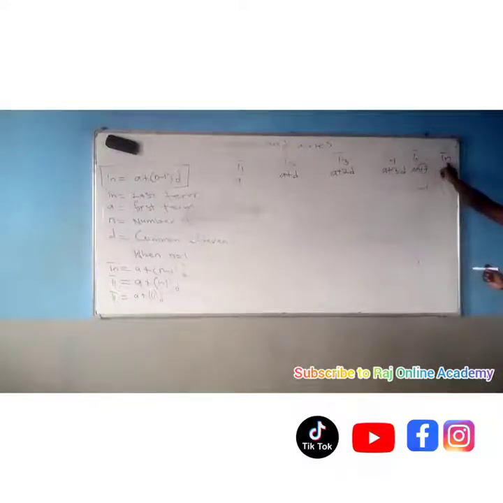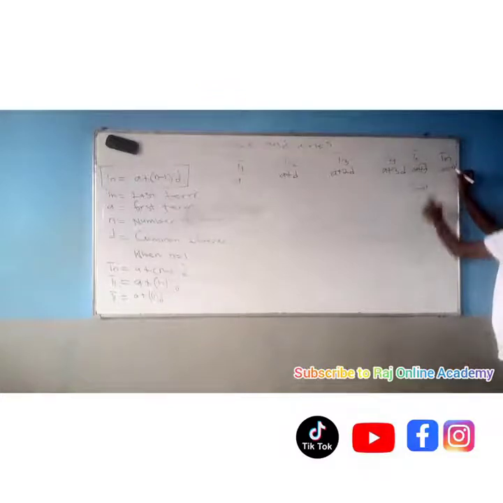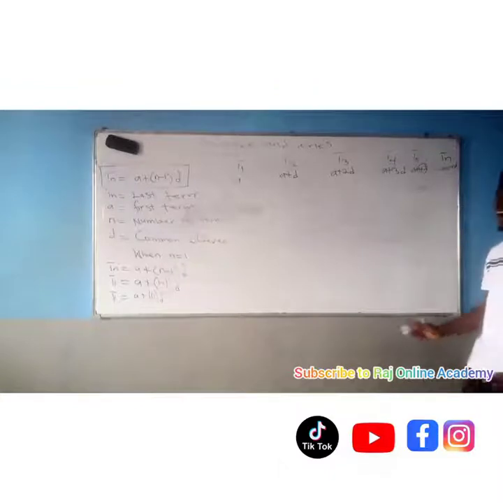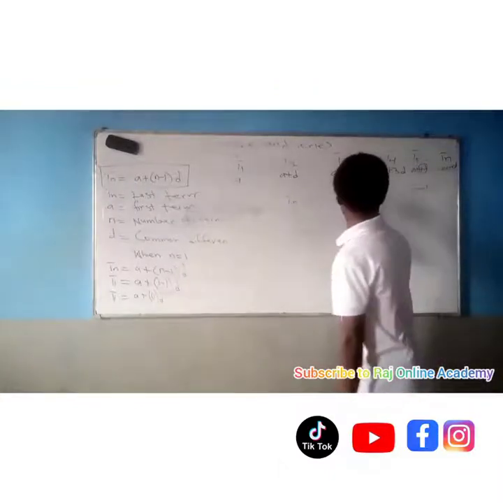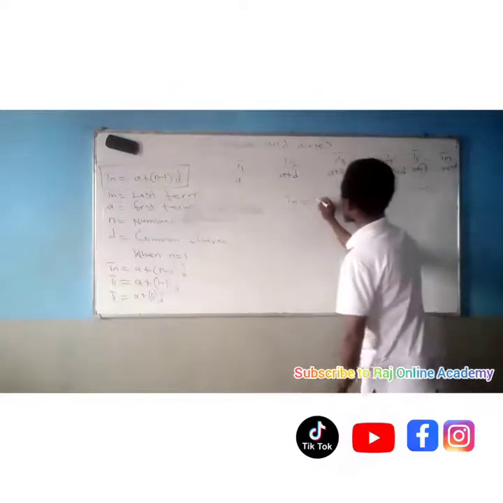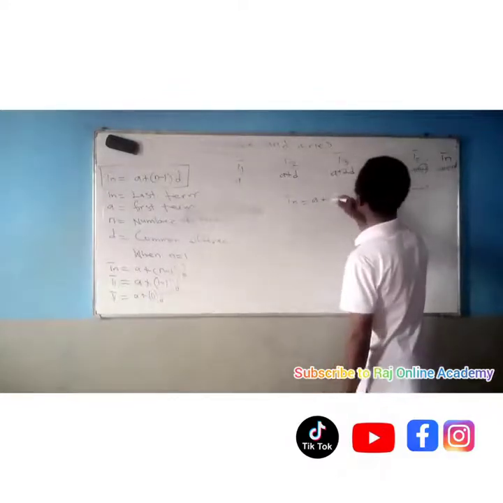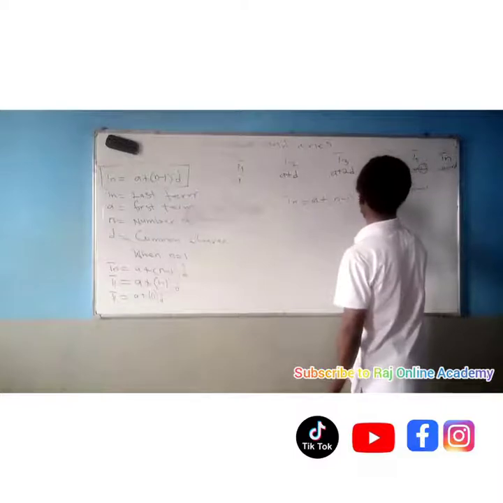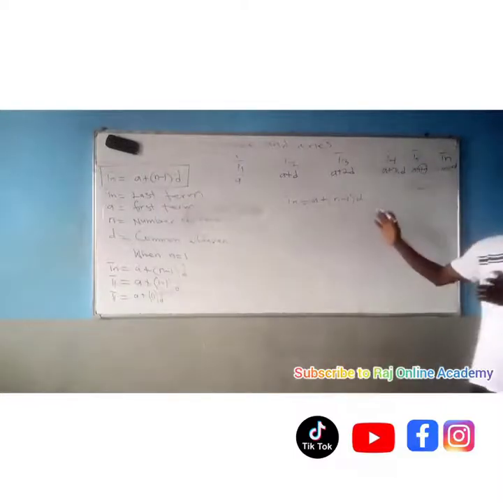Likewise, here we have n minus 1, and this common difference D, you say minus 1D. So at all, Tn for this one is equal to A plus, in brackets, n minus 1 D. This is how we obtain the formula.